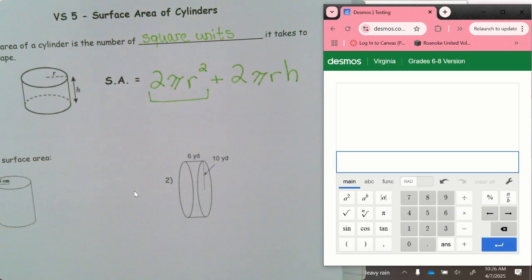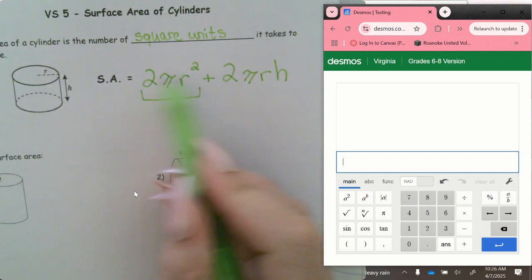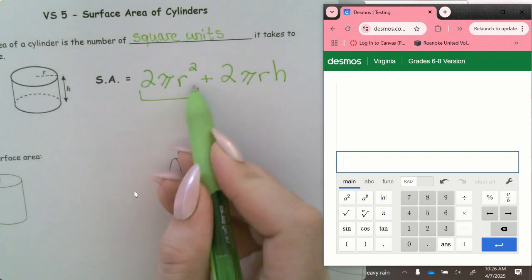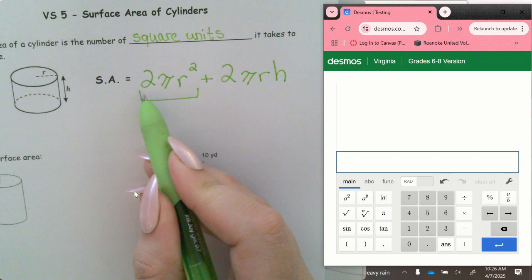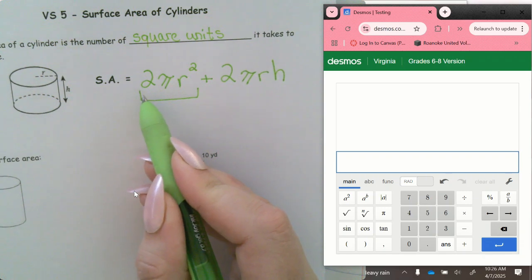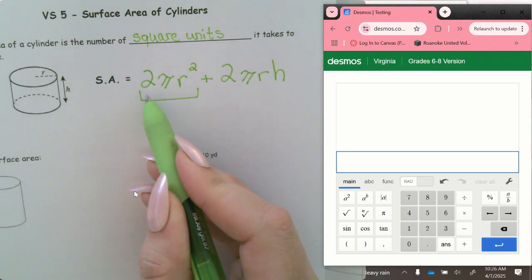Why? How many circles are there in a cylinder? 2, the top and the bottom, right? So this part of the formula is finding the area of a circle and doubling it, because there are 2 circles, the top and the bottom, that make up your cylinder.